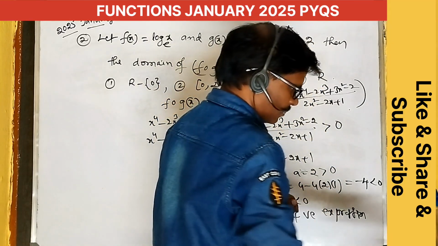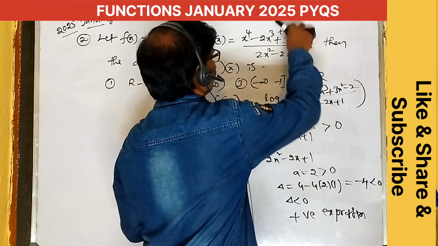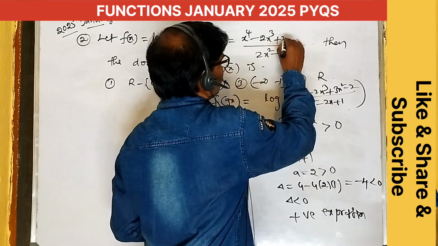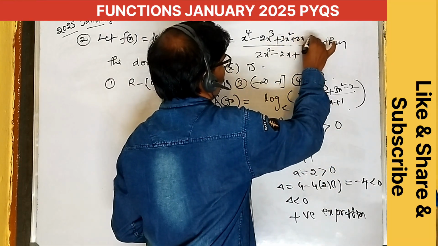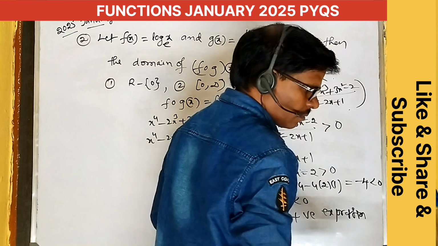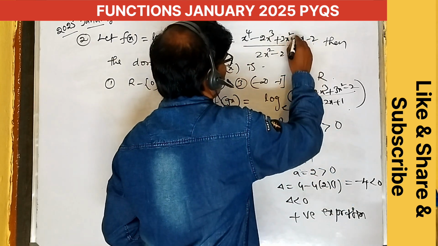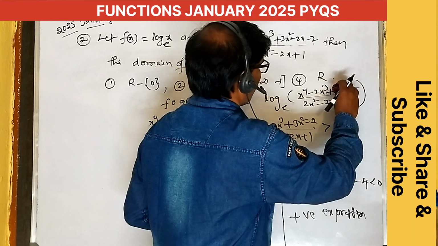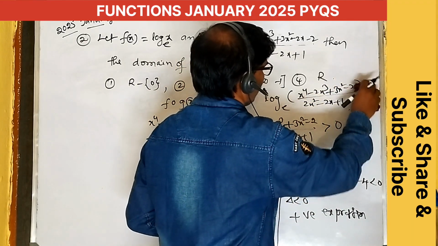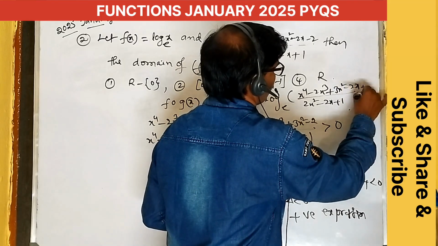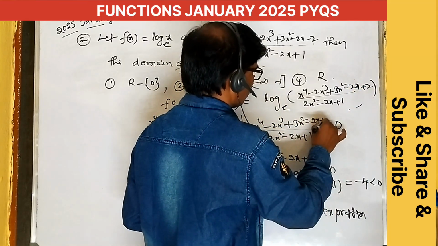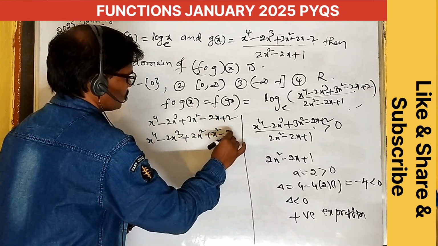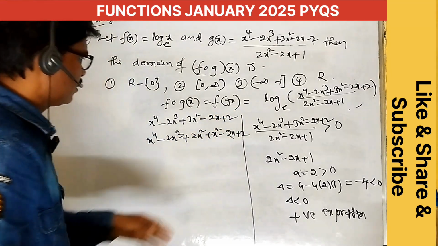Plus 3x square, so 3x square plus 2x minus 2, then 3x square minus 2x plus 2. Here also minus 2x plus 2, minus 2x plus 2, in each of these.